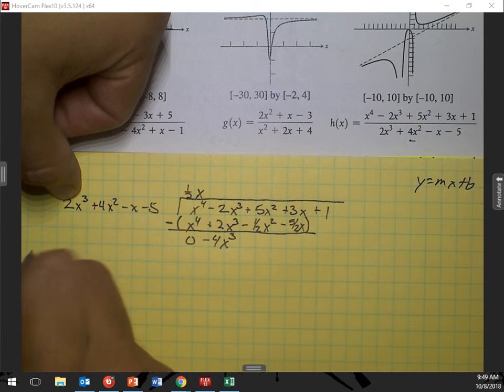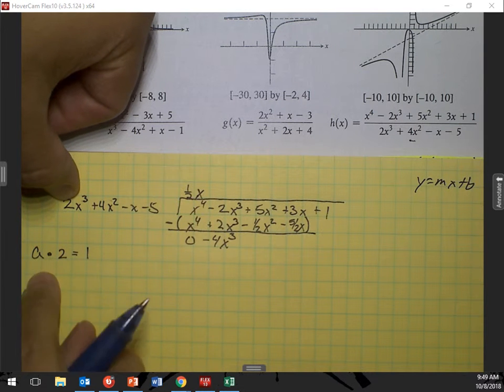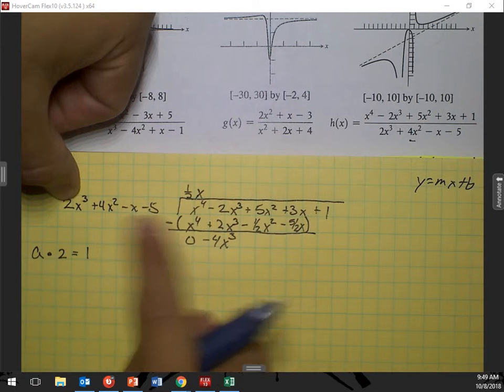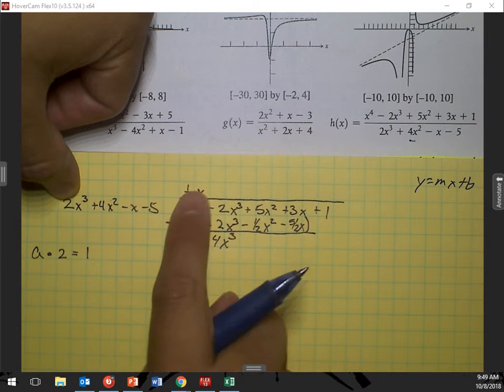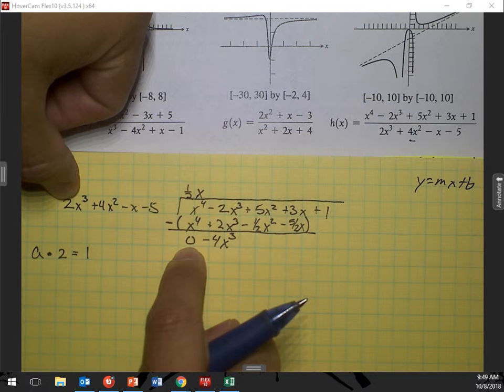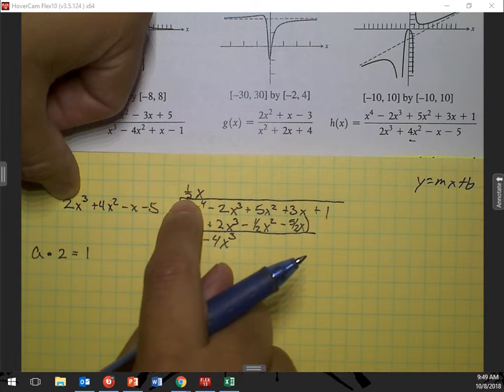So it's like a times 2 has to equal 1. Mathematically, that's what it's going to look like. I have an equation because I have to always match that leading coefficient, because my leading coefficient has to cancel out to 0. So by doing that, it's a, and that's eventually going to be my 1/2, right?